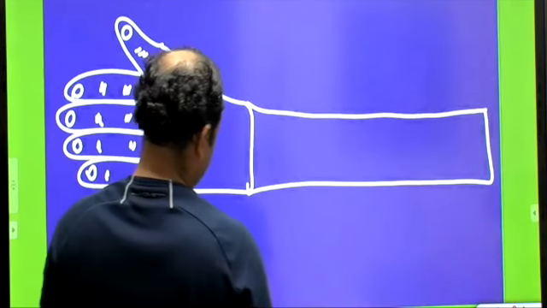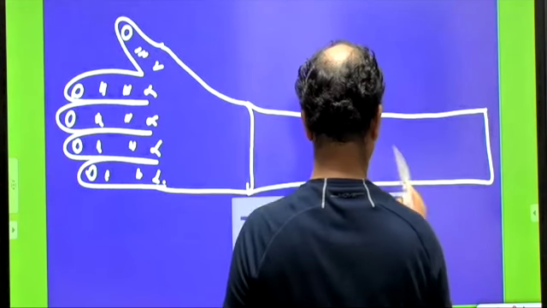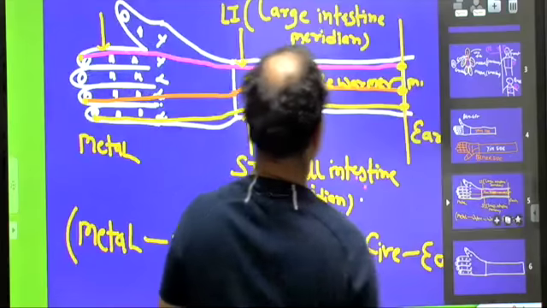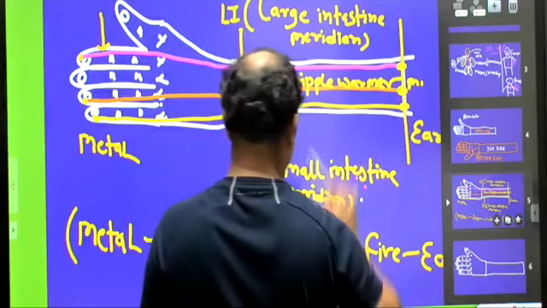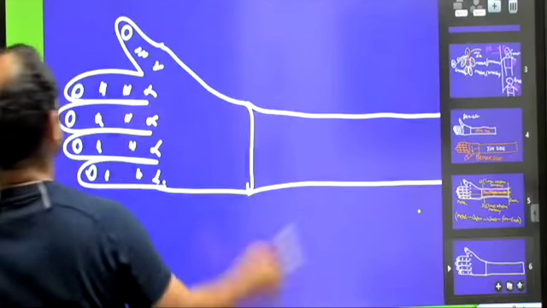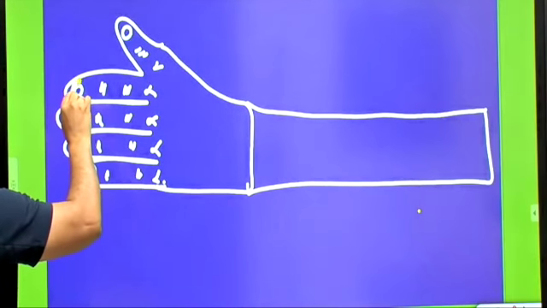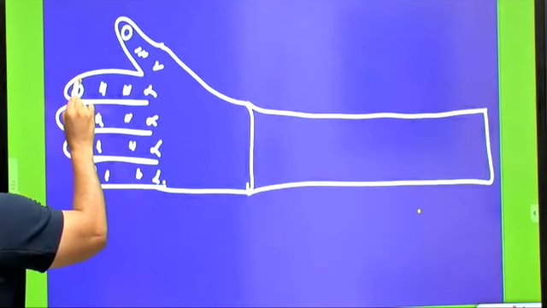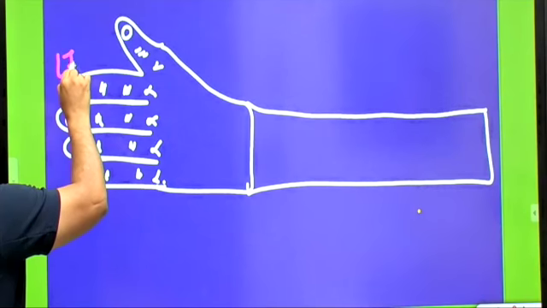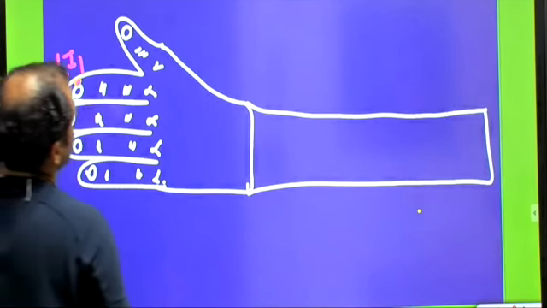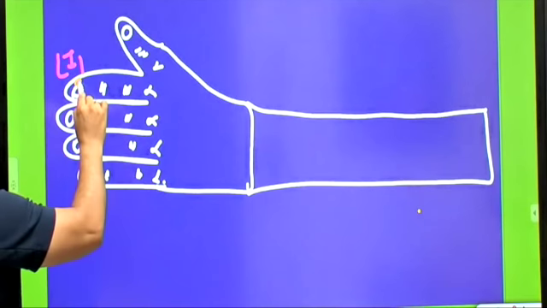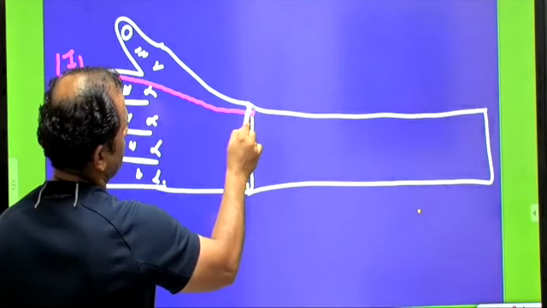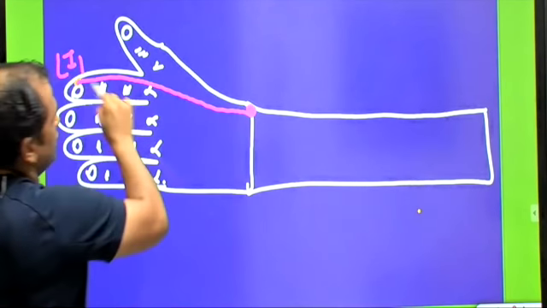Look here. Let's take the upper meridian, the large intestine meridian. It starts from the index finger, which is called large intestine 1. Then the meridian goes like this, with multiple points along the way.